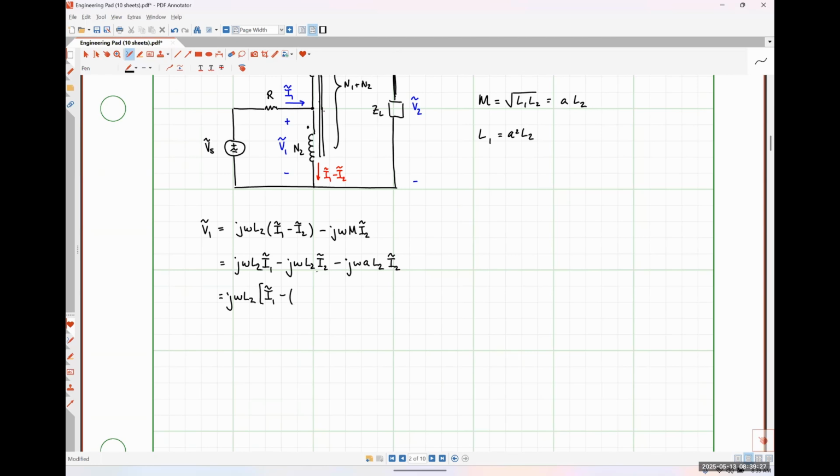Let's see, there's a whole I2 and there's a minus A I2. So let's do 1 minus A times I2, like so. Actually, that should be 1 plus A, my apologies, because when I pull the minus sign out of both things, that gives me a plus sign in the middle there.